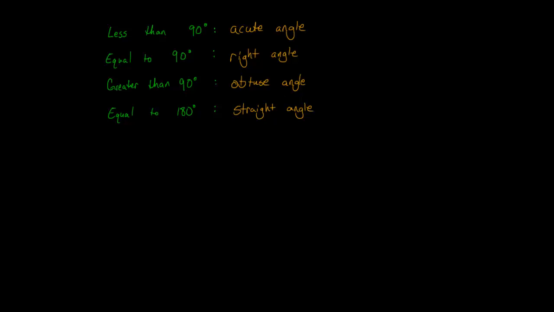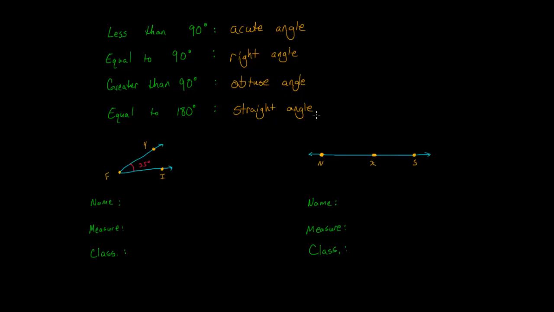Now, real quickly, I'm going to work a couple of these examples from example 6 to make sure that we've got it correctly. We've got the first one, which is the 35 degrees F. You've got an angle at F. We've got points Y and I on this. It's going to ask us to name it. So if we're going to name this, we can say angle, start with one of our points, vertex.